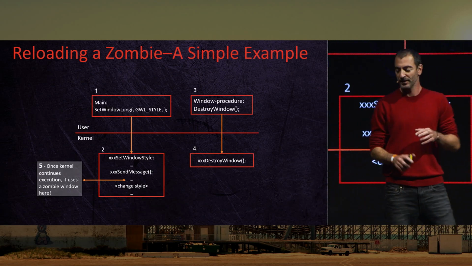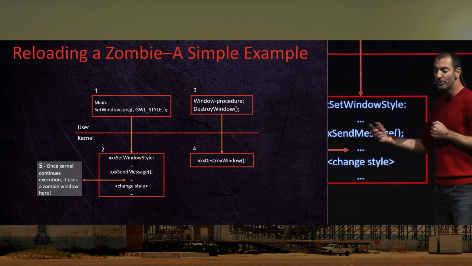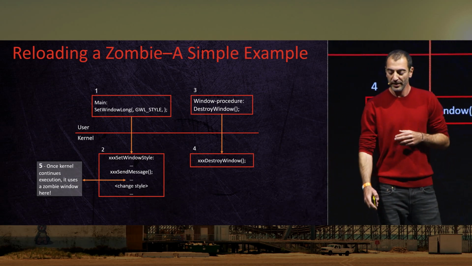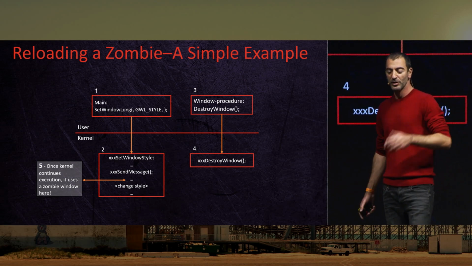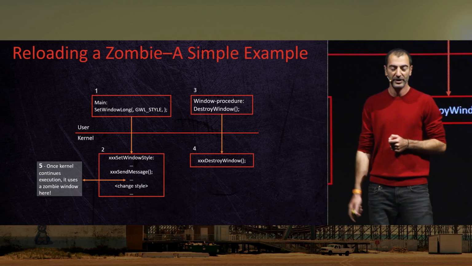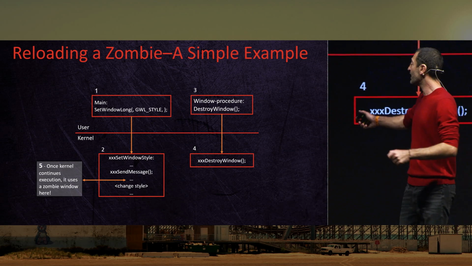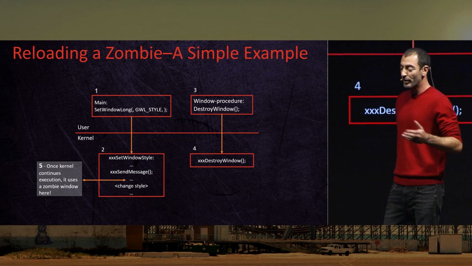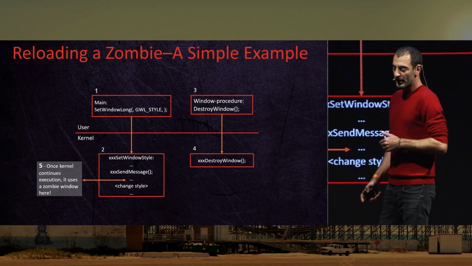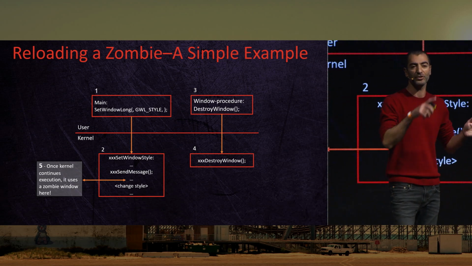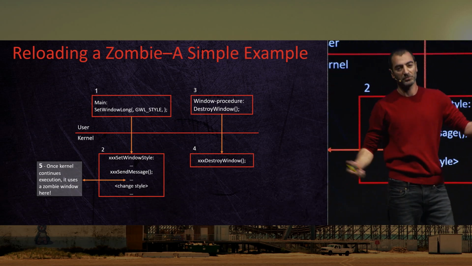Let's see, in a very easy way, how it looks. So the point is, again, starting from main, we call, from user mode, some kernel syscall, set window long for this example, and then inside the syscall xxx, what happens next is doing some xxx send message, goes back to userland.